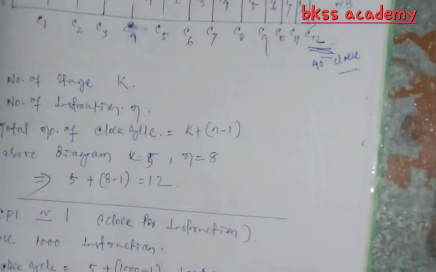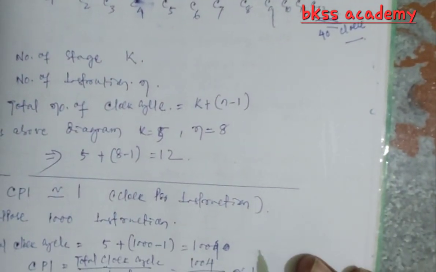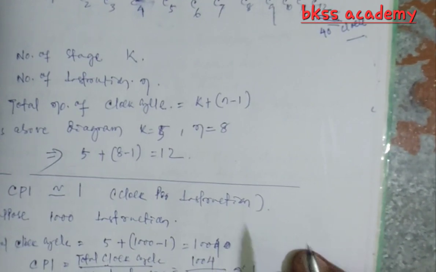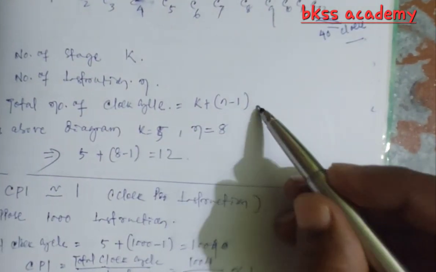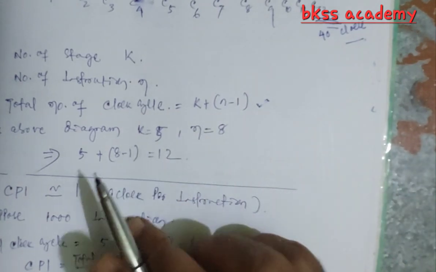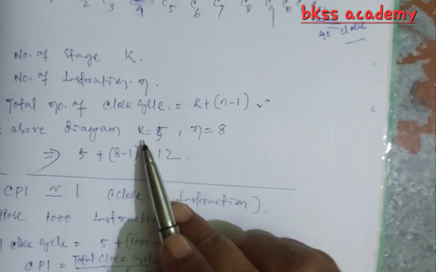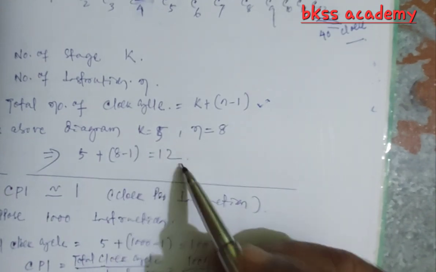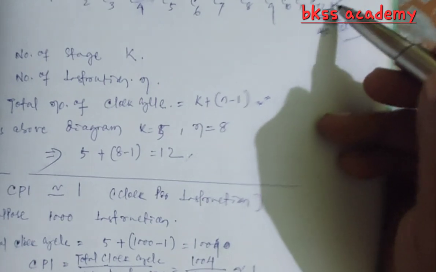If the number of stages is k and the number of instructions is n, then the total number of clock cycles will be k plus n minus 1. This is the formula: k plus n minus 1. As the above diagram tells, k is equal to 5, n is equal to 8. So 5 plus 8 minus 1 is equal to 12, which is shown here.